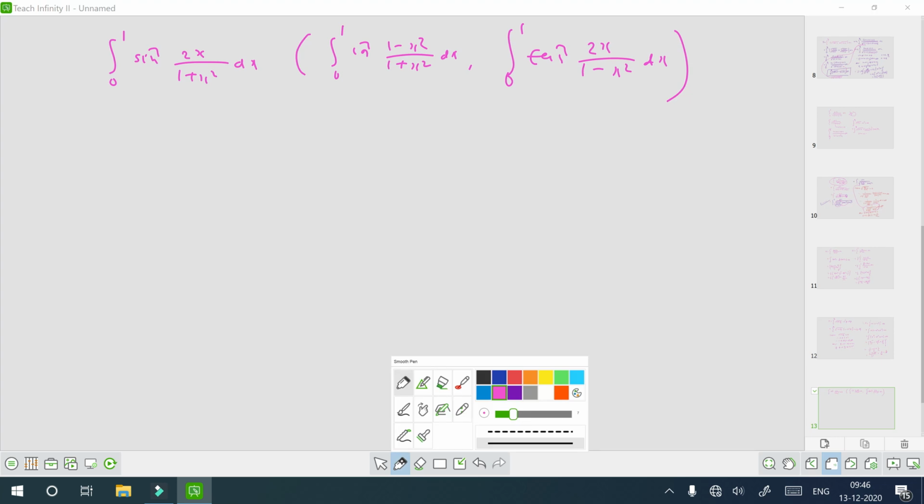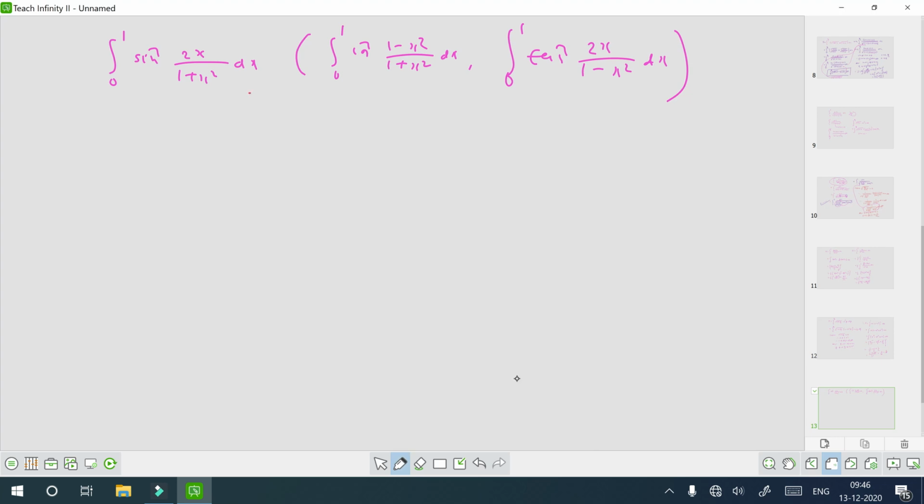So I am liking to take this one here. Now see, 2t over 1 plus t square, 1 minus t square over 1 plus t square, 2t over 1 minus t square is a formula of sin 2 theta, cos 2 theta and tan 2 theta. So let us suppose x is equal to tan theta.